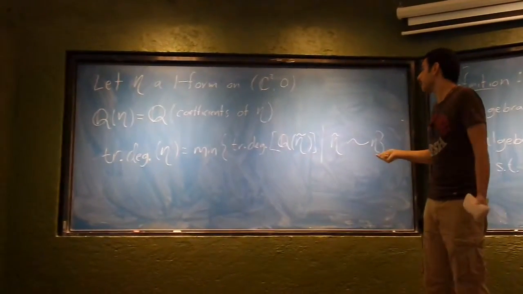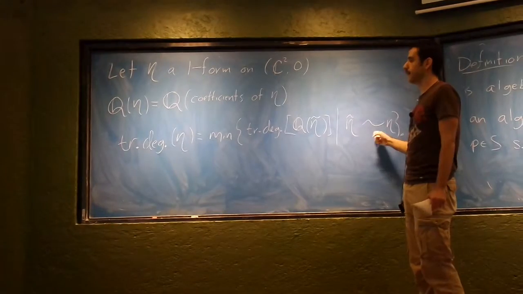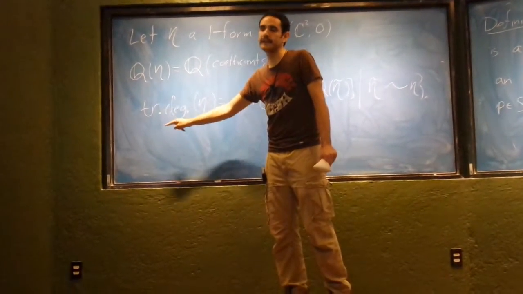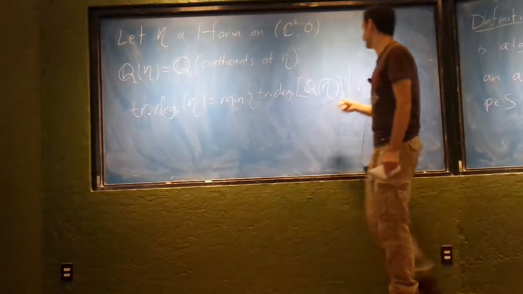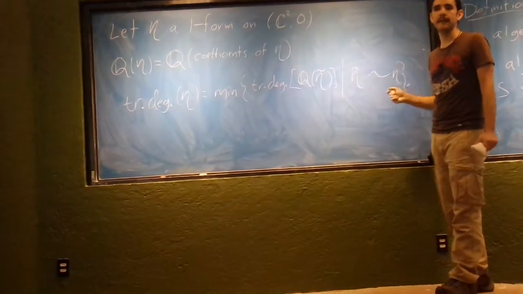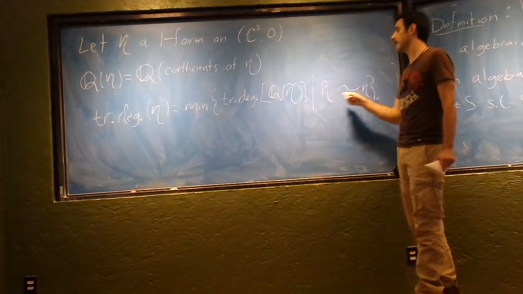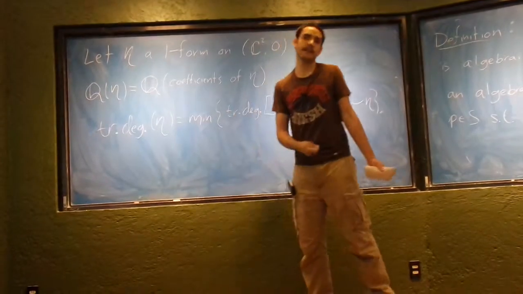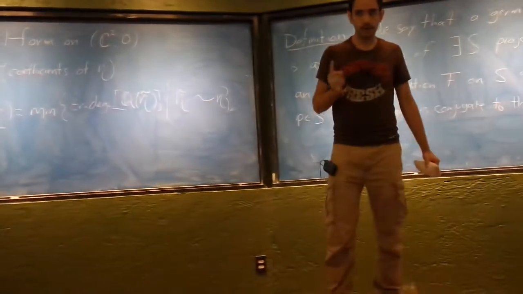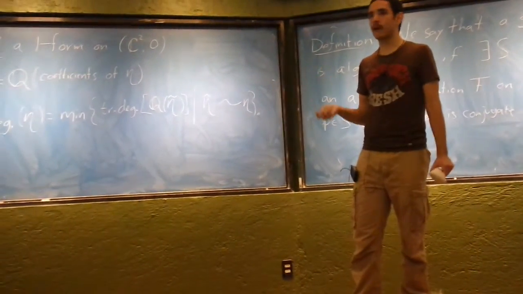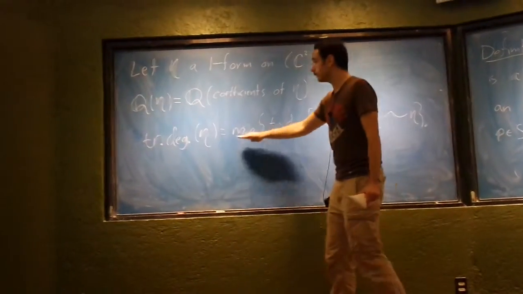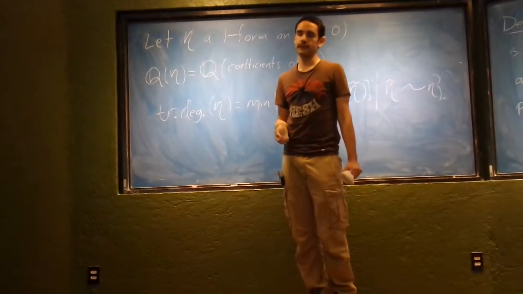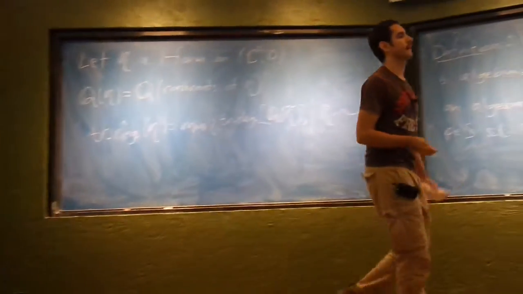So by construction, this object which I just defined definitely is an invariant of the analytic class of the one form. If I take any other one which is analytically equivalent to it, then they clearly have the same transcendence degree. So if I take a polynomial one form, since I'm taking a minimum, any polynomial one form has finite transcendence degree, right?